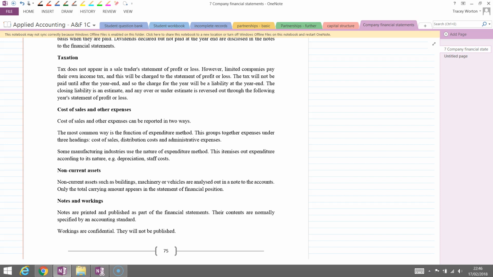Cost of sales and the other expenses can be reported in two ways. The most common way is the function of expenditure method. This is where we group together expenses under the main headings cost of sales, distribution cost, and administrative expenses.